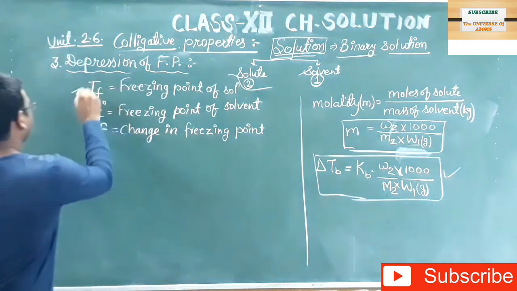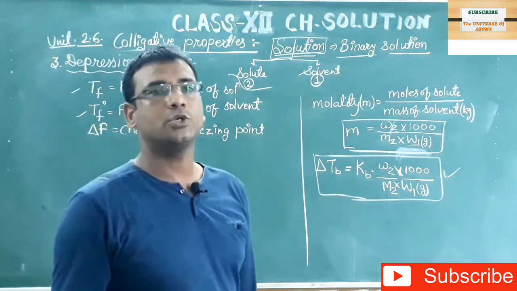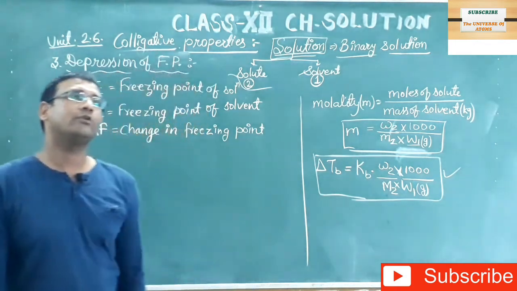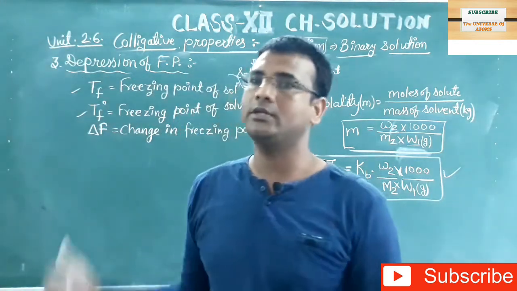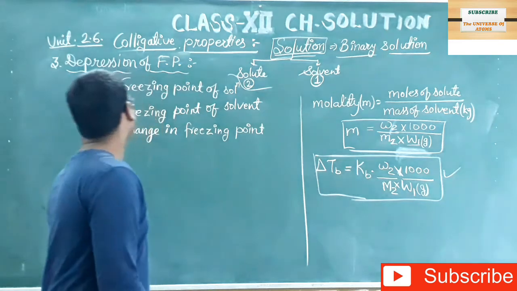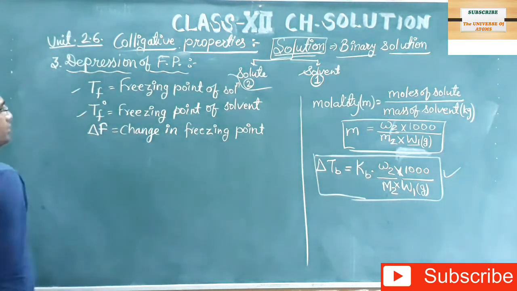Now TF and TF naught, which one will be less? This is important to understand. In boiling point, TB was more than TB naught. In this case just opposite, TF is less than that of TF naught.